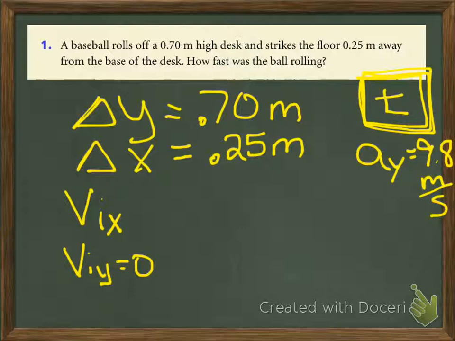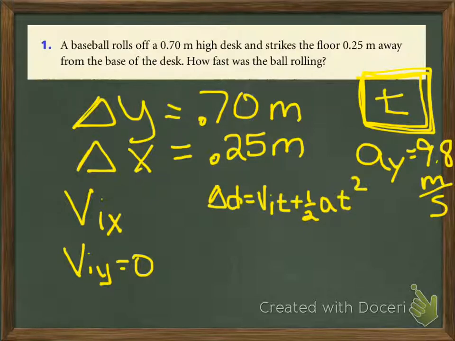So all our information together, our equation delta D is equal to ViT plus 1/2 a t squared. If we do this in the x direction, you'll notice that this would be delta x, Vixt, and this part here would be 0.